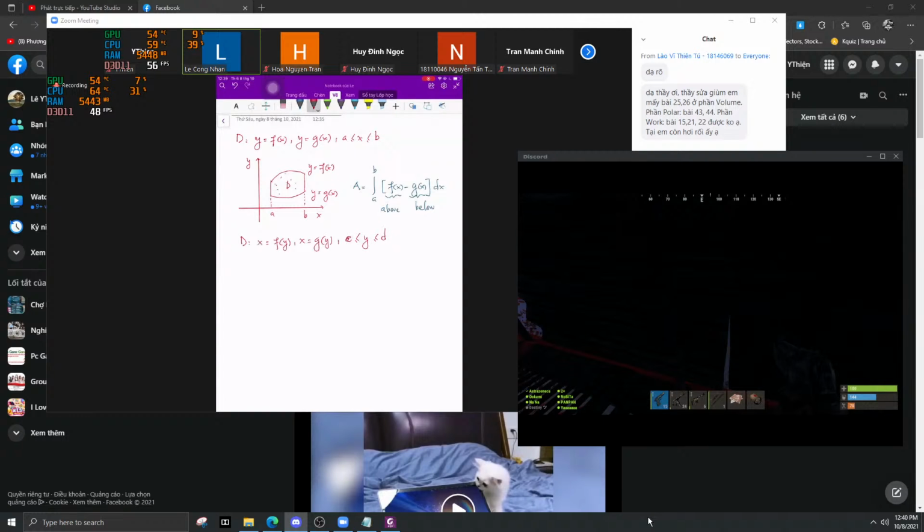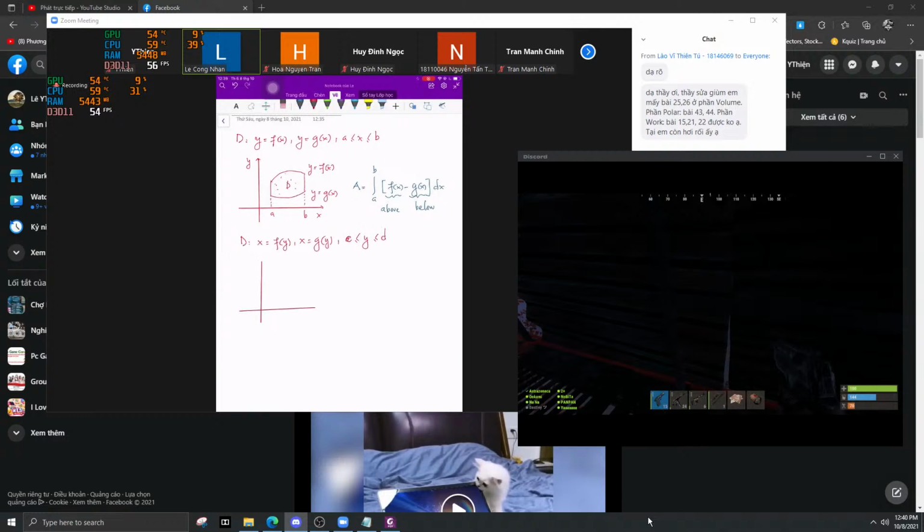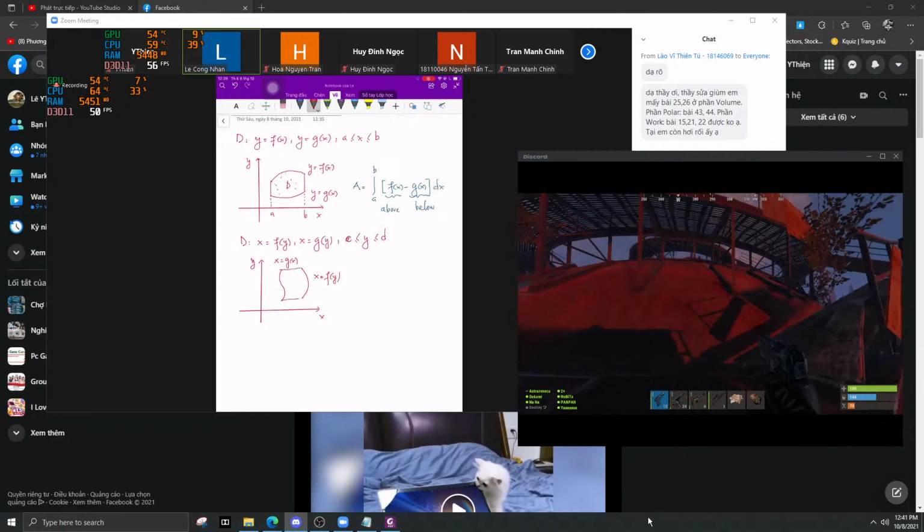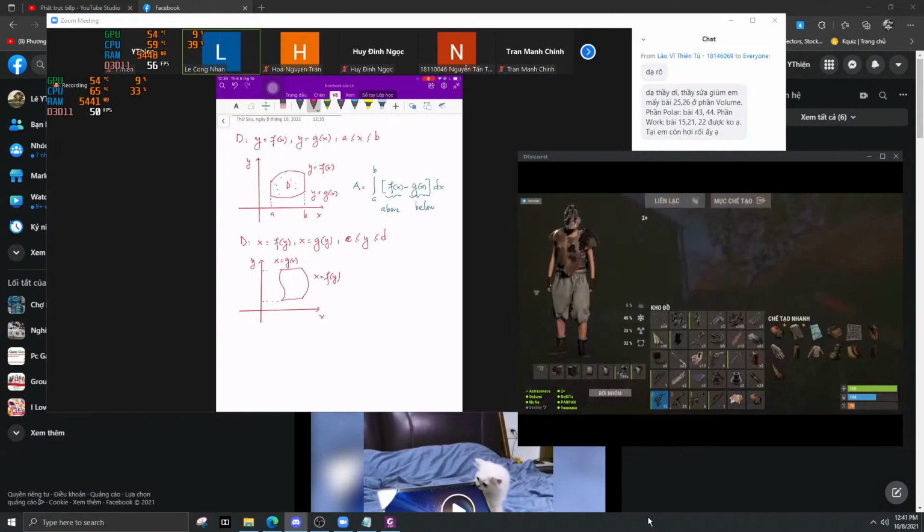In the xy coordinate, assume that we have the curve x equals g of y and the curve x equals f of y, for y varying from c to d.